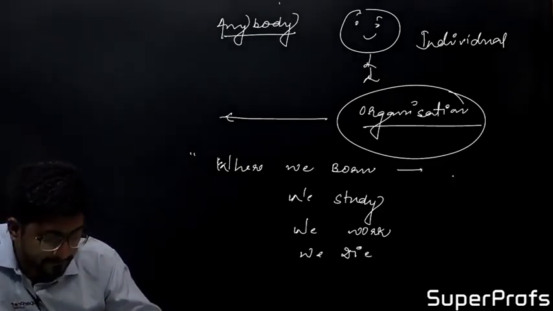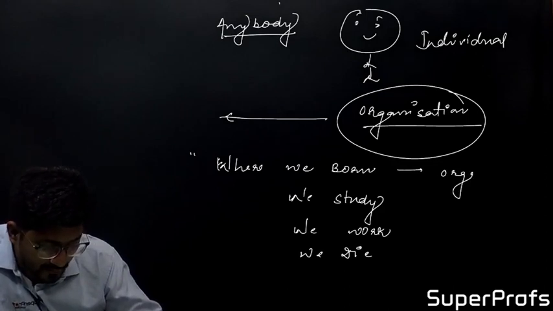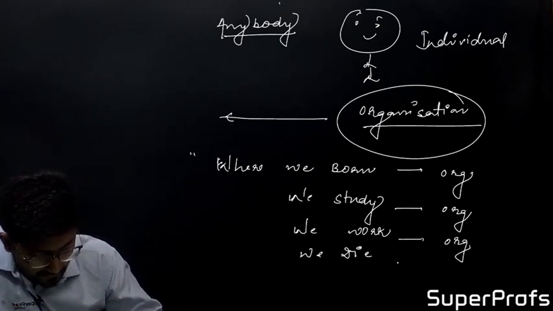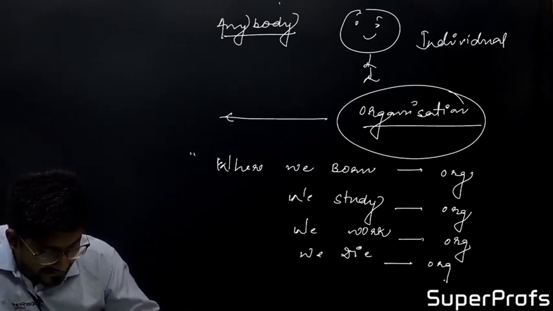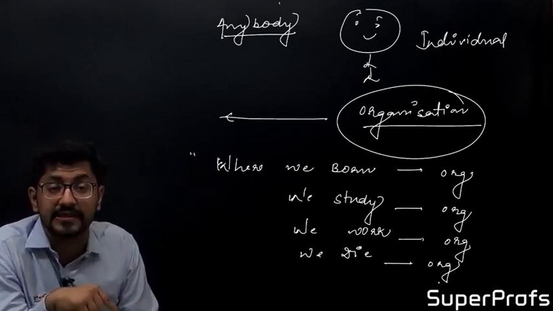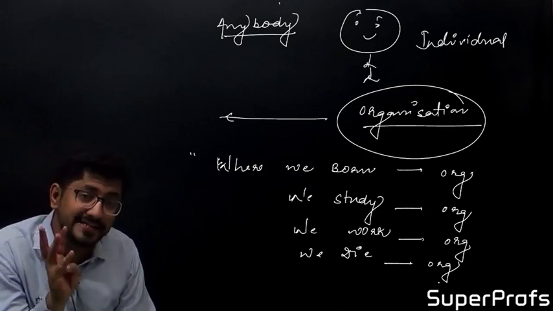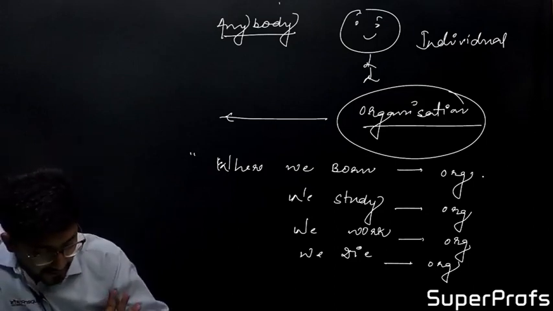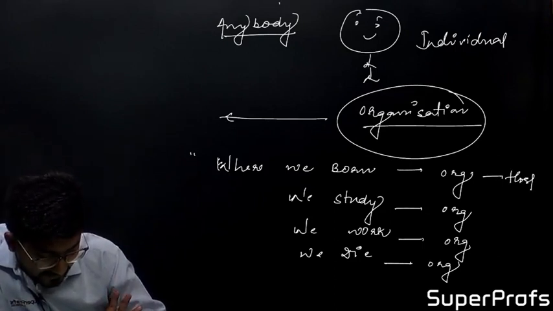We are born in an organization. We study in an organization. We work for an organization. We die also in an organization. So the first step on this earth, on this existence, is from the organization, and the last step is from the organization. As you are born in a hospital, this is an organization.